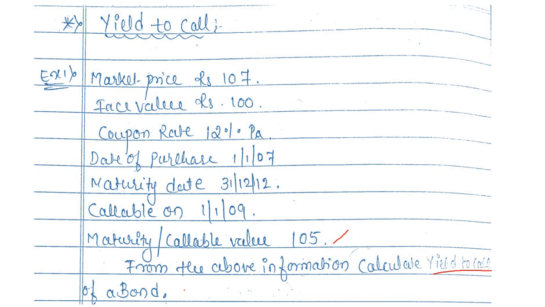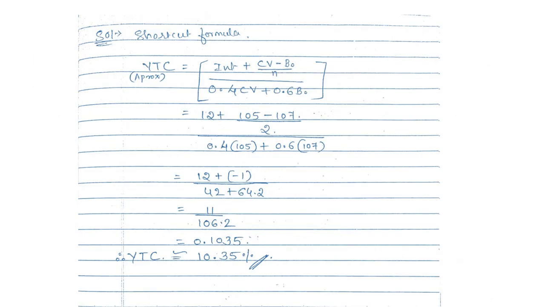First we'll see the formula to calculate the yield to call. Just as we used the shortcut formula method to calculate the YTM, that is yield to maturity, the YTC, that is yield to call, formula is also there. The formula is: interest plus CV minus B naught divided by N, over 0.4 CV plus 0.6 B naught.